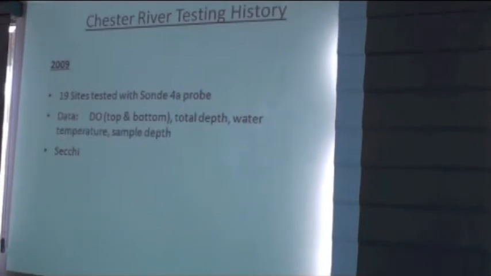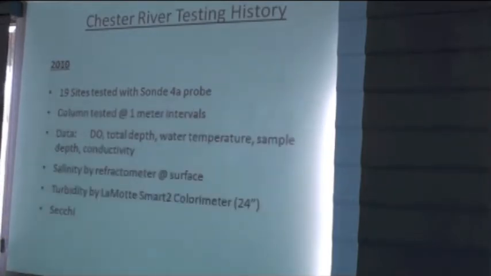In 2009, the same sites were tested. The data collected again was top and bottom, total depth, temperature, and sample depth. The Secchi again was collected individually, separately. In 2010, again, 19 sites were tested, but there was a change to column testing where a sample with the probe was registered every meter.